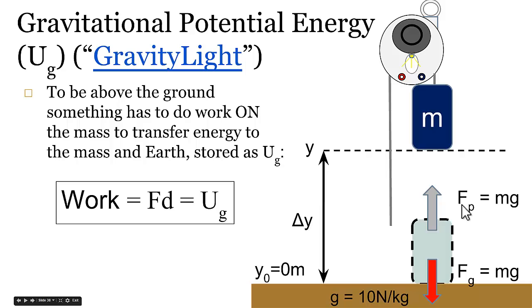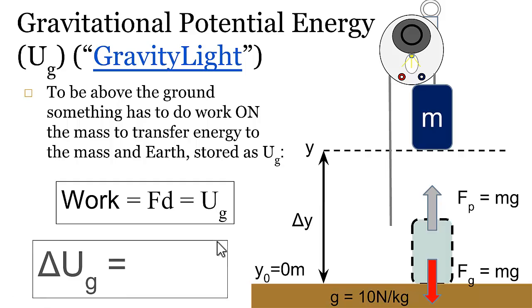So if you use a force equal to its mass times gravity, or mg, over some displacement or over some change in vertical position, the amount of work done, which is also the change in gravitational energy, would be equal to mg times delta y, or your change in vertical position.